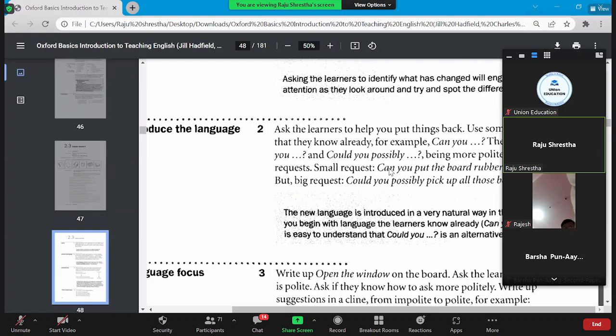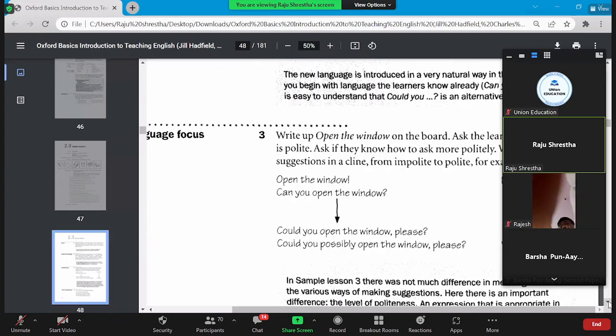Classroom objects are scattered everywhere, not in proper order, and you request your students, could you possibly arrange the books, or could you please arrange your desk and bench, could you please rub the board, could you please open the window or close the window, close the door, like this kind of scene setting making request language function class we can use. अब यो भनेको scene setting stage मा जान्छ हैन. अब practice मा जान्छ.